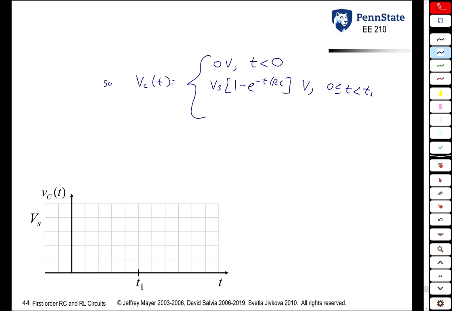And then for time greater than T1, we had a discharging capacitor. One thing to point out, here t is a variable, here it is a number T1.